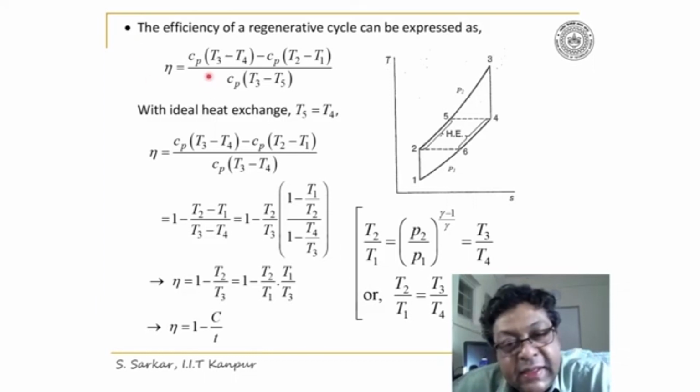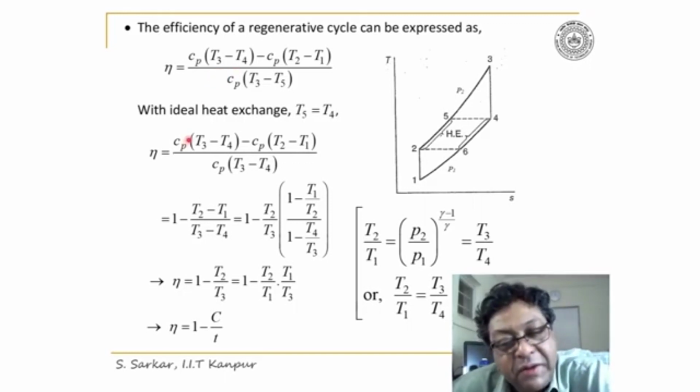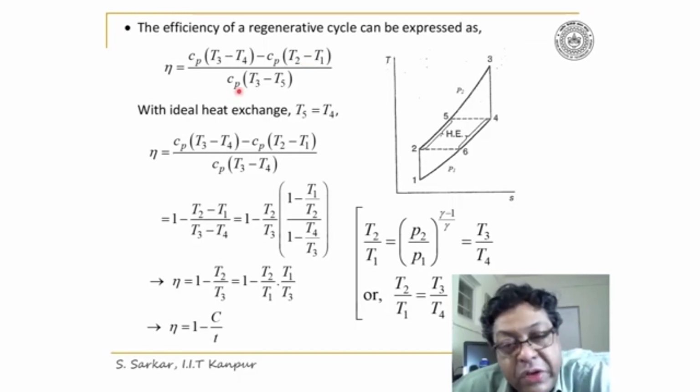Thus, eta is equal to Cp into (T3 minus T4), that is turbine work, minus Cp into (T2 minus T1), that is work required by the compression, divided by heat added to the cycle, which would now be equal to T3 minus T5.